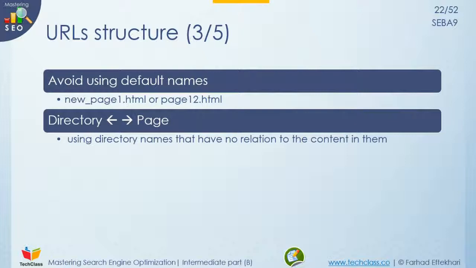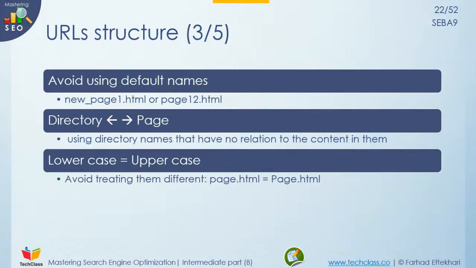And using directory names that have no relation to the content in them is something you have to always avoid. For instance, let me give you an example. You have the directory name of photos, and then you have some news as a page there. Then this is definitely a no. And when search engines and users are browsing your website, lowercase is equal to uppercase.